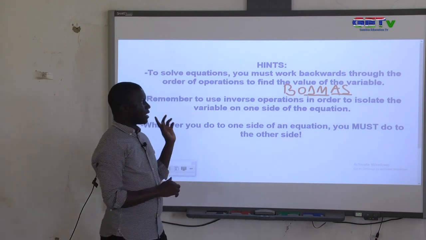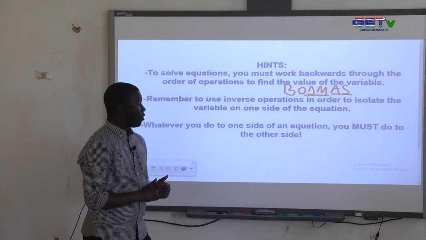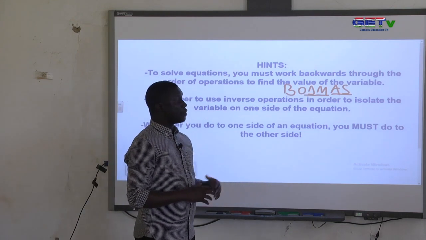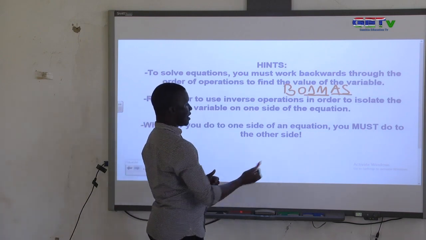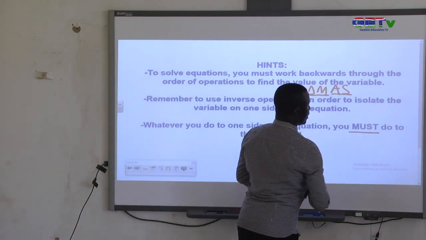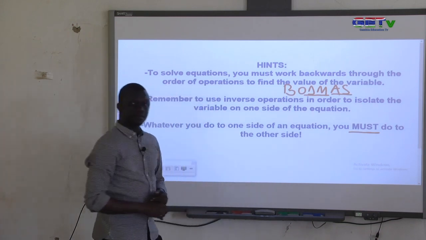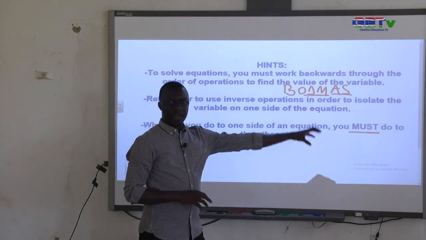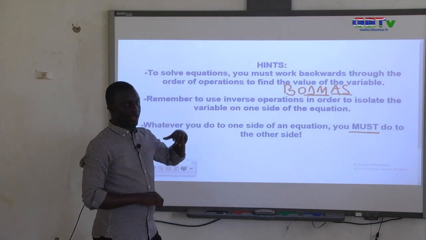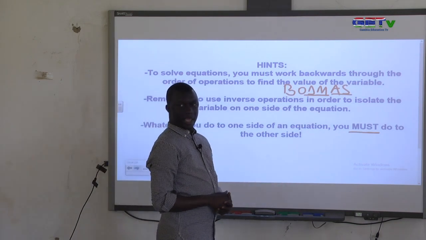The third hint says, whatever you do to one side of an equation, you must do to the other side. Must, in capital letters, is telling you it is obligatory: whatever you do on one side of an equation, you must do to the other side.